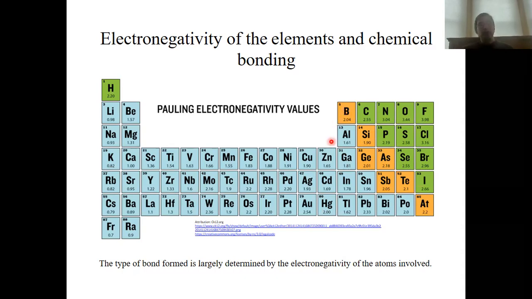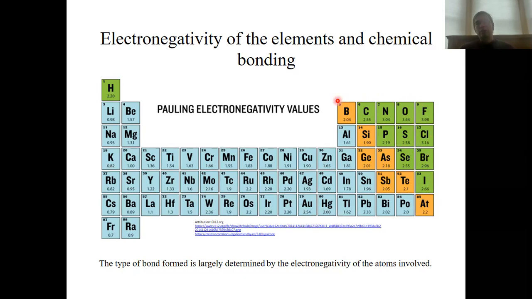You see that when we have metallic bonding, then the electronegativity values tend to be low. They are typically below 2.0, with a few exceptions, for instance gold, to be named. When the electronegativities are significantly higher than 2.0, you see that for all these elements we tend to have a non-metal with covalent bonding in between the atoms.